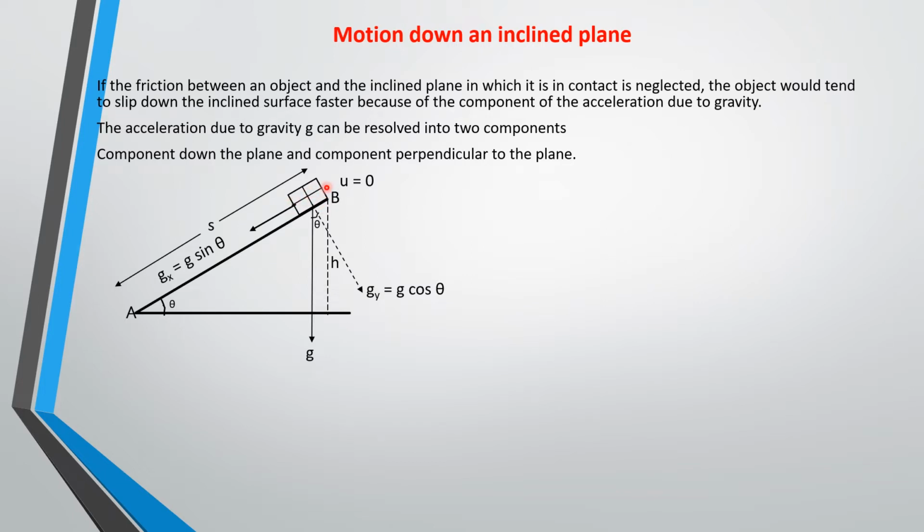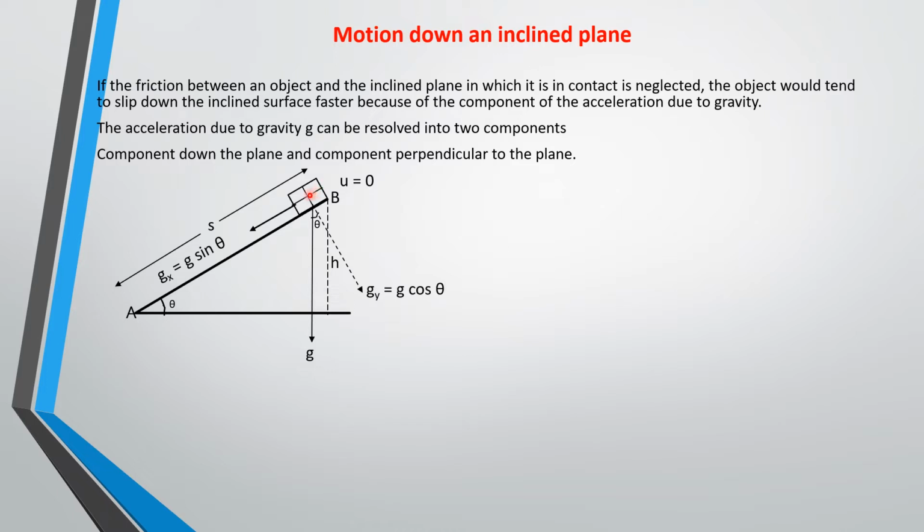The acceleration due to gravity acting on it is the one that is along this plane, while the one that is perpendicular to the plane is the one that is acting opposite to the normal reaction to this box. This acceleration due to gravity can be resolved into two components.